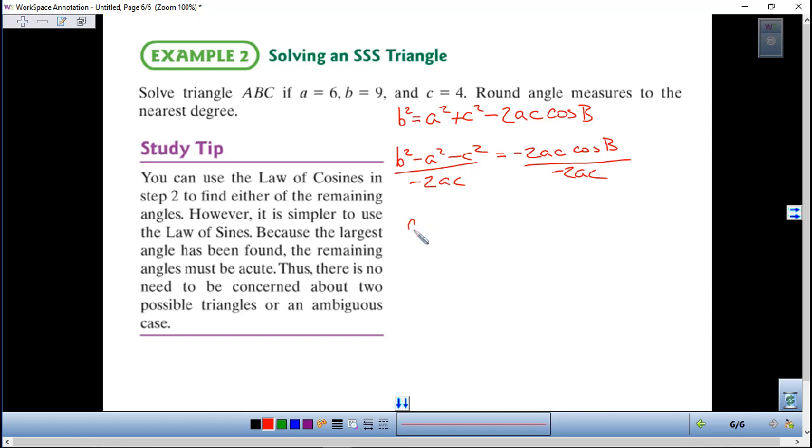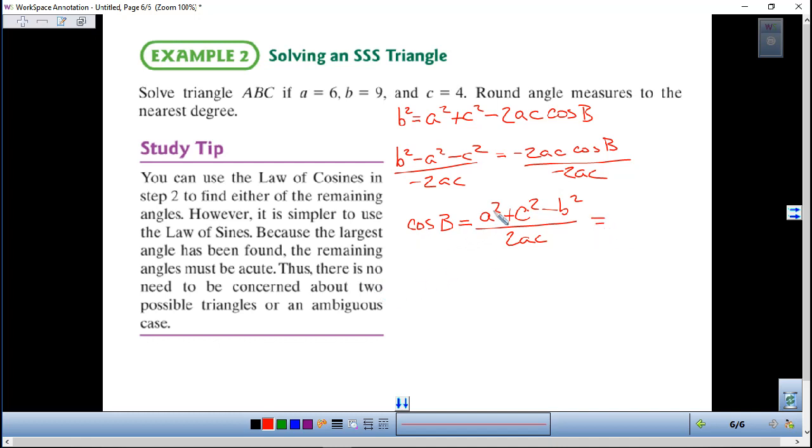And what you end up with, and I'm going to rearrange this just a little bit, is the cosine of B is equal to A squared plus C squared minus B squared all over 2AC. Now, you can rearrange every single one of those equations in the exact same way. Now we're just going to plug everything in and find what cosine B is going to be.